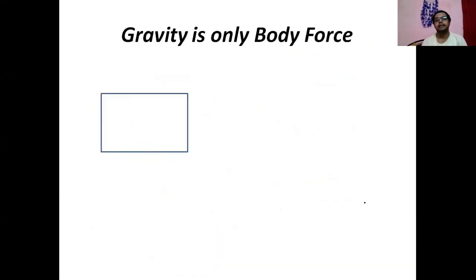But further, there is some gravity force acting. So there are some body forces there. Let us take this as the x direction, this as the z direction, and the other direction we can take is y.